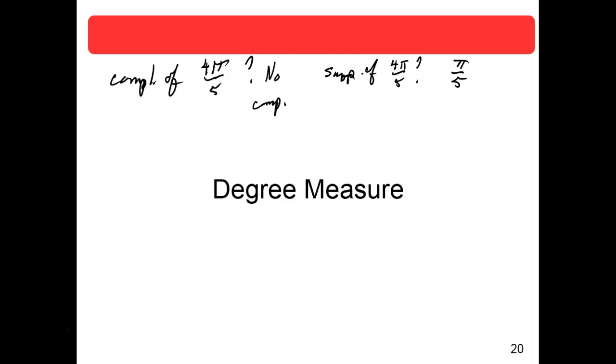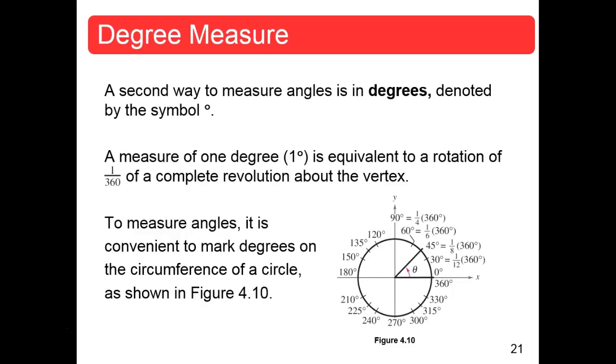All right. So, moving on to page 263, degree measure. Radians are fine, but I'm used to degrees. The thing is, in calculus, you're going to deal mostly with radians. A second way to measure angles is called degrees. Degrees are actually a unit, while a radian is a ratio, not really a unit.